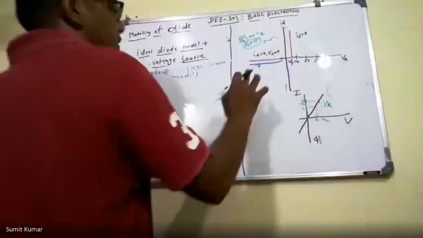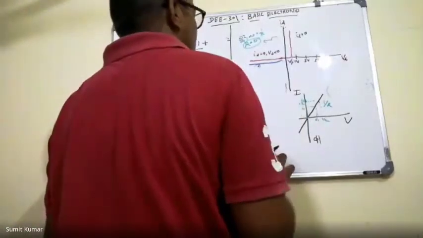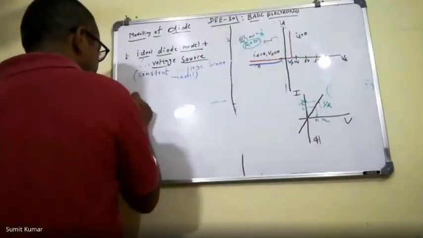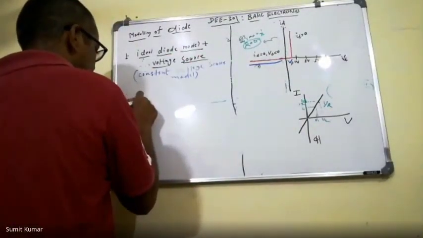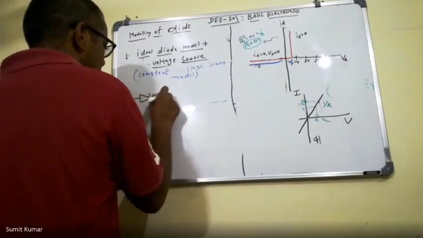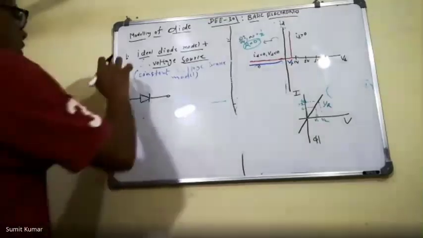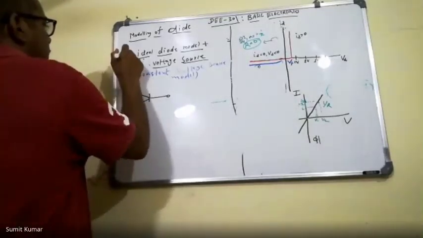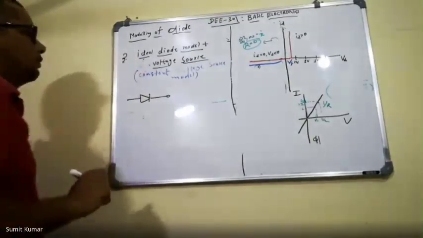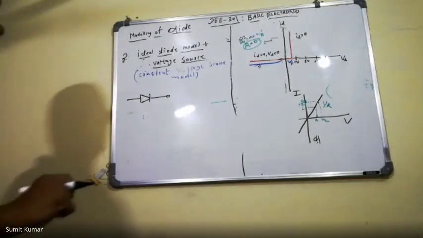चलिए, now let us try to do the modeling. So in this modeling, all we need to represent is this portion and this portion, and you can see here this is my diode. Now I am using the second approximation model, which is the ideal diode plus voltage source model, or the constant voltage source model.